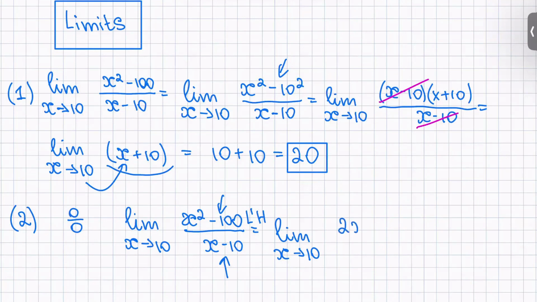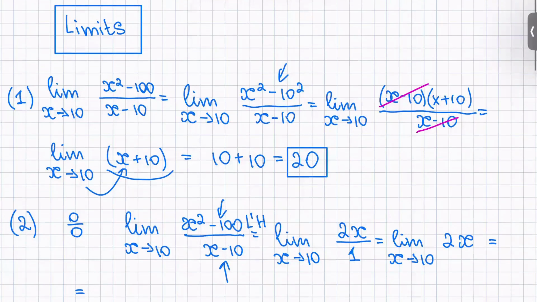The derivative of the top function gives us 2x, and the derivative of the bottom function gives us just 1. So we end up with the limit when x is approaching 10 of 2x. Again, 2x is a linear function which is continuous. To finalize the calculations, we plug 10 instead of x, so we get 2 times 10, which is equal to 20.